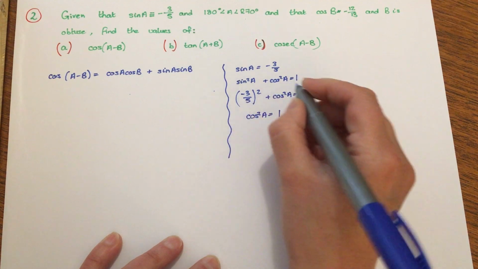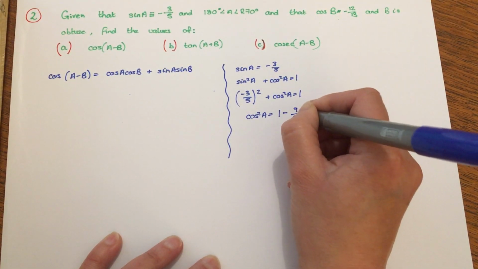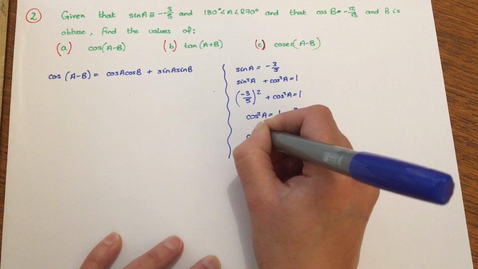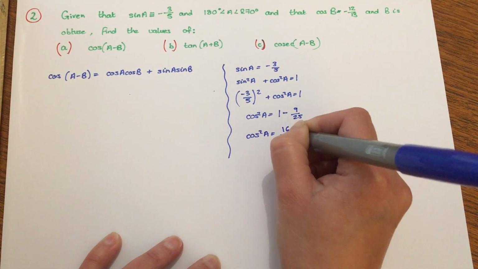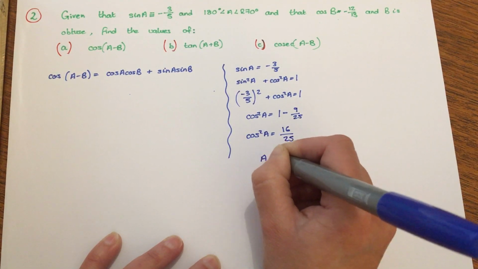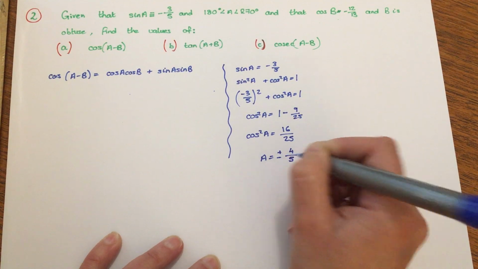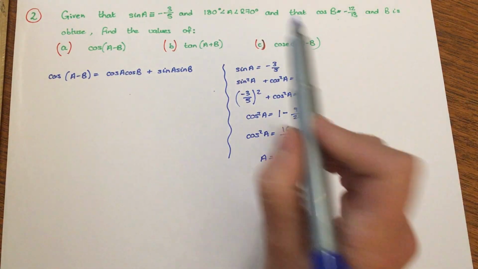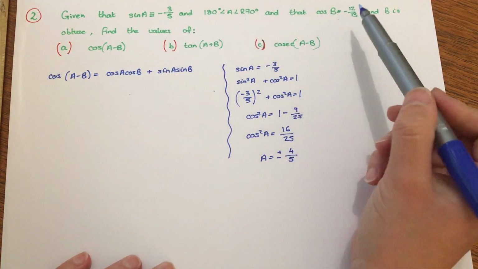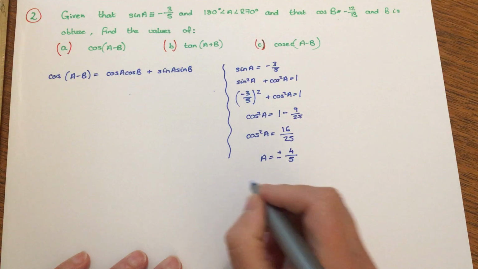So minus 3 squared is 9, 5 squared is 25. So cos squared A is 16/25, and if I root that, cos A could be plus or minus 4/5. Now it cannot be two values at once in the context of this question, so I need to think about which one it is. It says A is between 180 and 270.